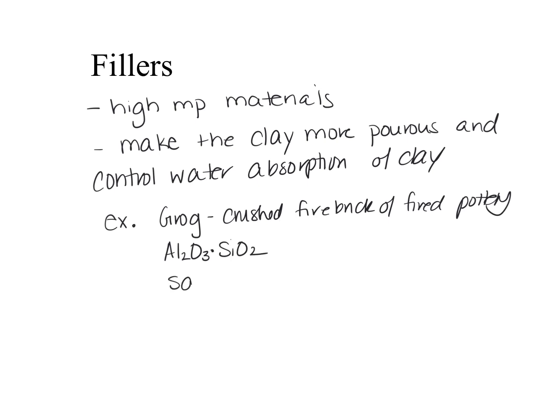You can add sand, right, which is really a mixture of silica and quartz. You can just add alumina, Al2O3, or just ground rocks or shells. So the fillers can be a lot of different things to give these different appearances of different types of ceramics.